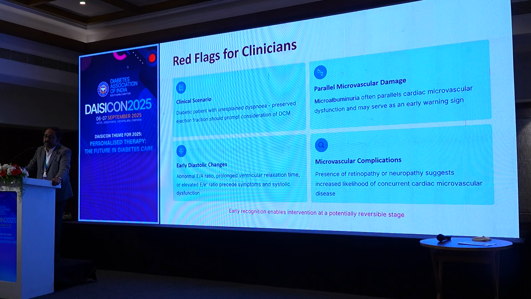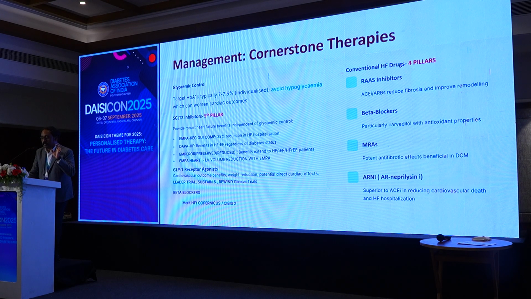Any patient with microalbuminuria should be evaluated for heart failure and early diastolic change, that is, a difference between ventricular filling and ventricular ejection, which should be altered on echocardiogram. So echocardiogram plays an important role in ruling out both preserved and reduced forms. Any patient with retinopathy or neuropathy also has a high chance of having heart failure.